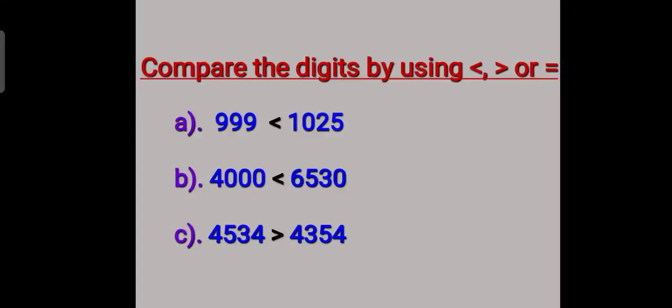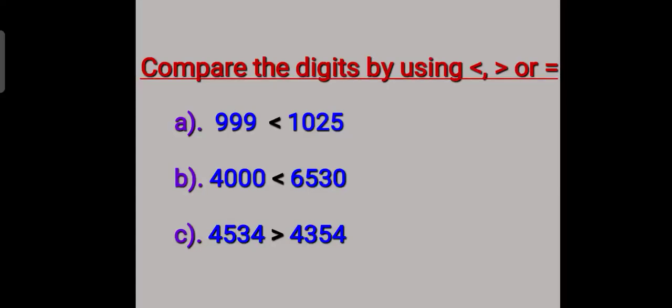Now next, comparing numbers. When we compare two numbers, what do we have to do? First, count the number of digits, and second step, compare each digit from the left. Now let's understand with the help of an example. The first example has these two numbers, 999 and 1025.